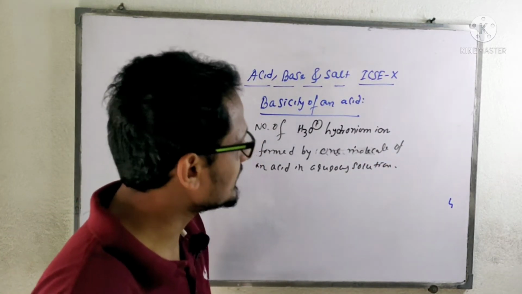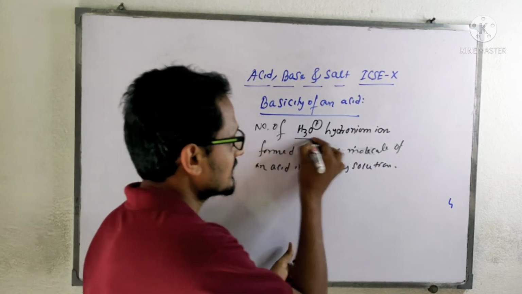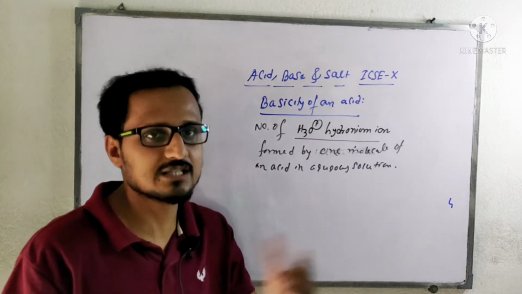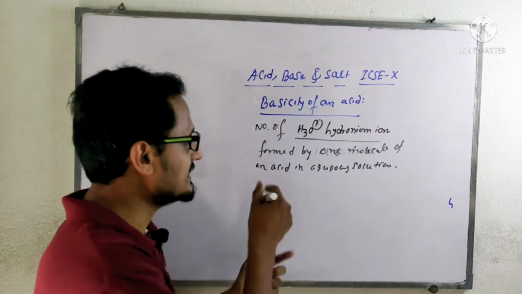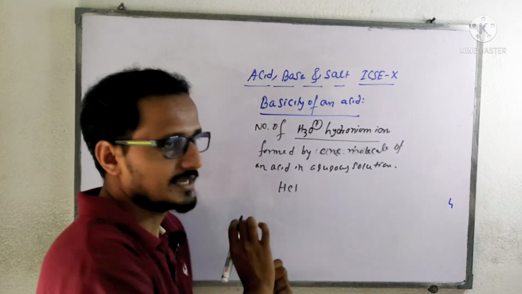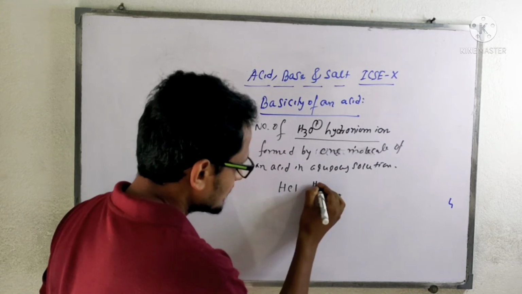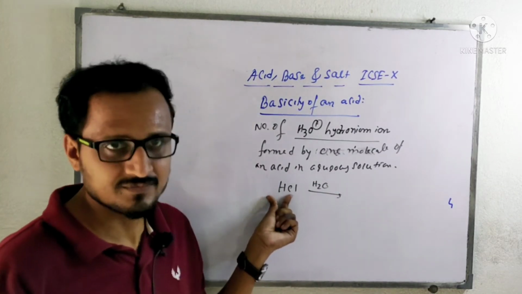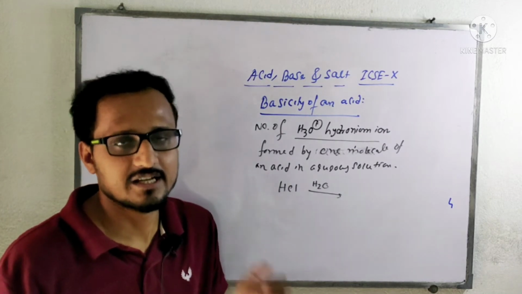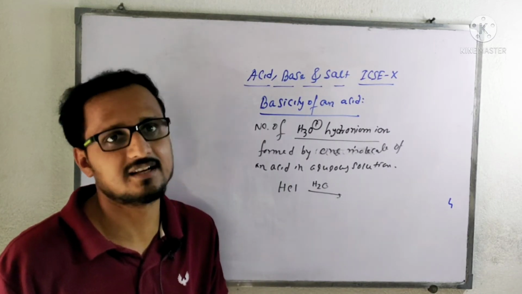Normally we can also say this according to H+, but the exact concept is the number of hydronium ions. Say HCl in aqueous solution. Someone will say that sir, one hydrogen is there, so its basicity is 1. It is correct, but not exactly correct.